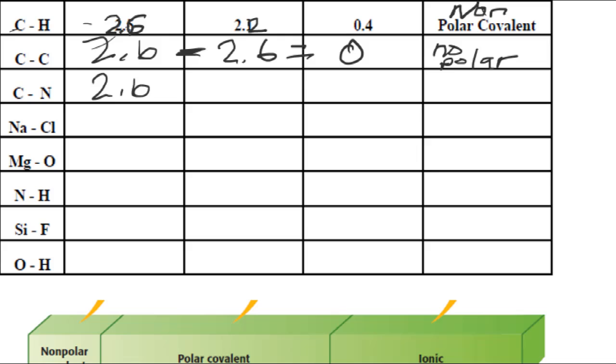Nitrogen was 3. 2.6 minus 3 is negative 0.4, but I'm going to take the absolute value. Remember the absolute value? Makes it positive, equals 0.4. That's below 0.5 down here, so we know that it should be non-polar.